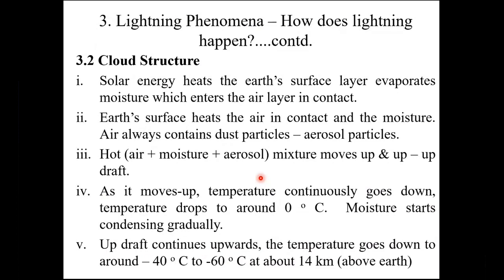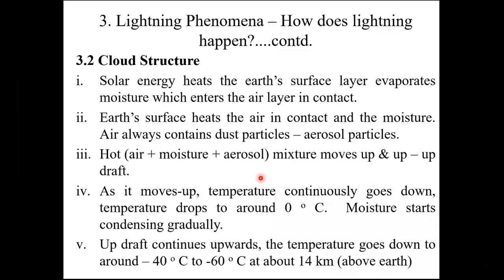So now we have around 2 to 3 kilometers height in the updraft containing hot air, moisture with some amount of condensation, and aerosol particles. Now this continues as we go further and further up. The very, very fine water droplets grow in size. The surrounding moisture settles on the superfine water droplets.